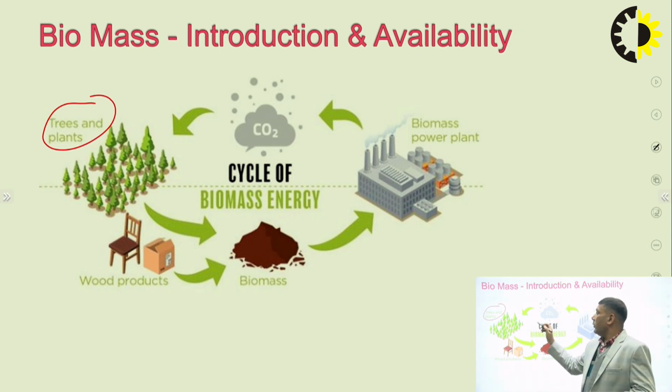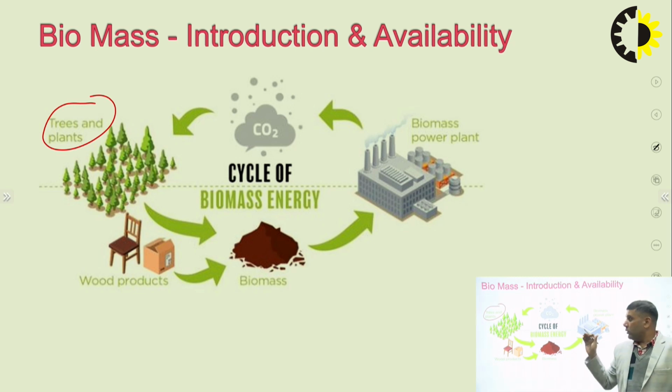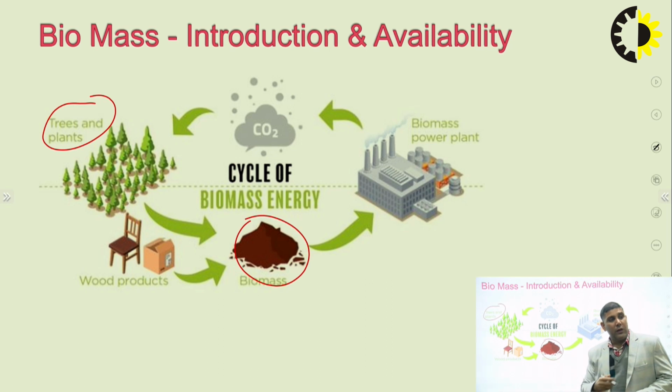So from tree and plants we can use the leaf of those tree and plants and waste like this, which may come either from tree or maybe from animals or any living things. Then it may be used to produce methane gas as well as carbon dioxide. So methane gas is used for cooking foods. So this is basically the cycle of biomass energy.